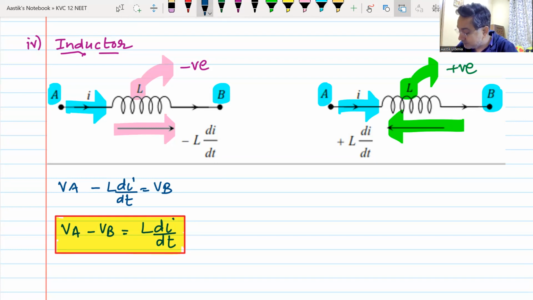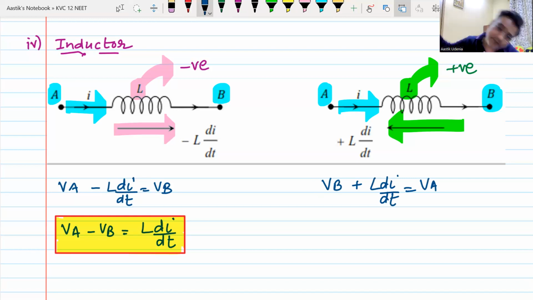So if I move from there, VB plus L di by dt is equal to VA. You look from here, you look from there, you come from here, you come from there.